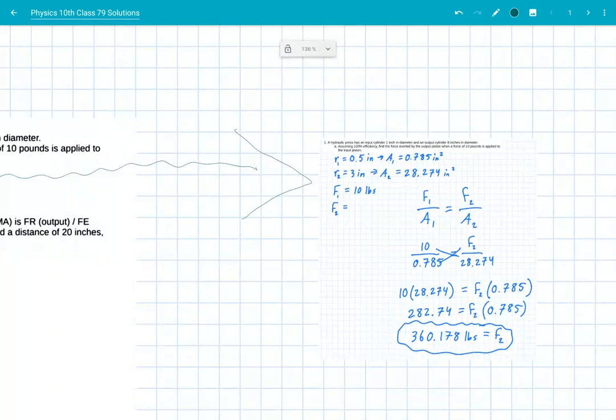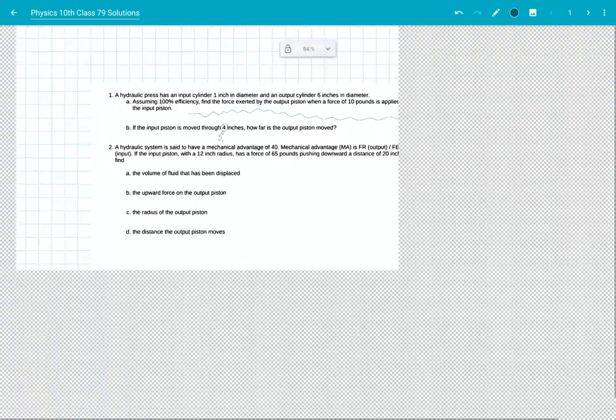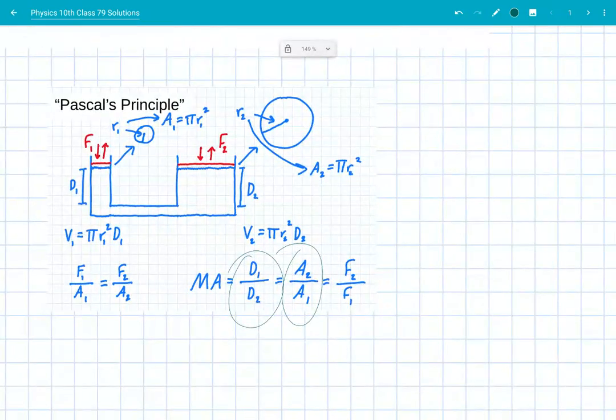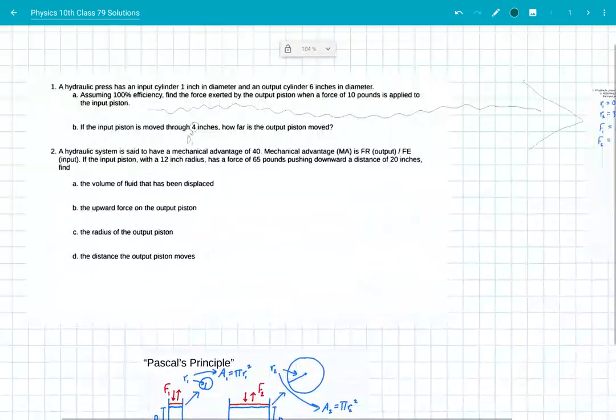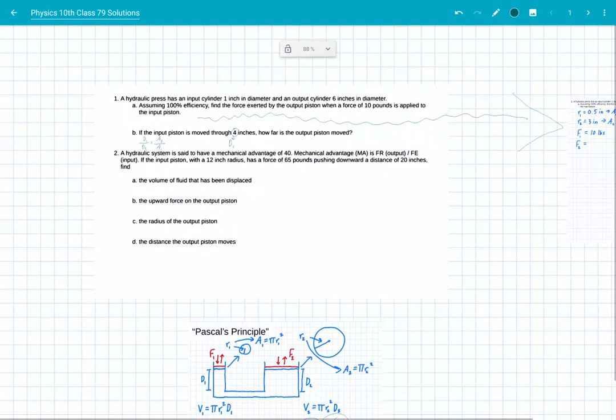So A1 is 0.785 inches squared. Before I write the area, we're going to copy this formula. So D1 over D2 equals A2 over A1, like that.